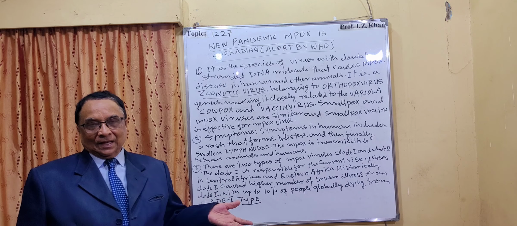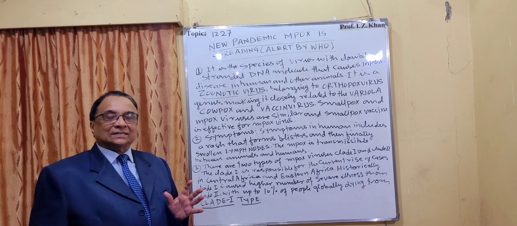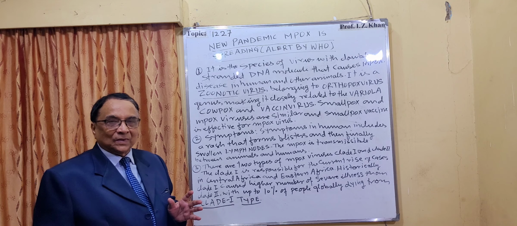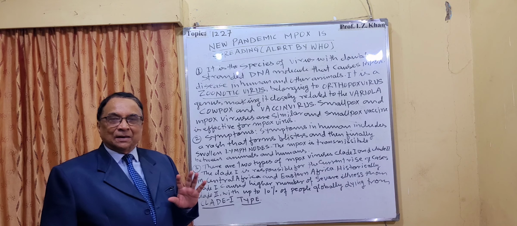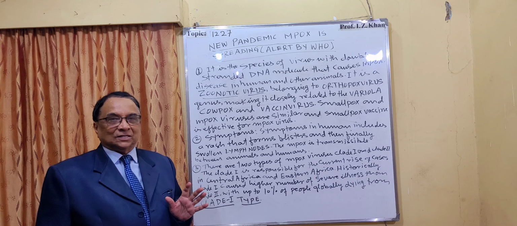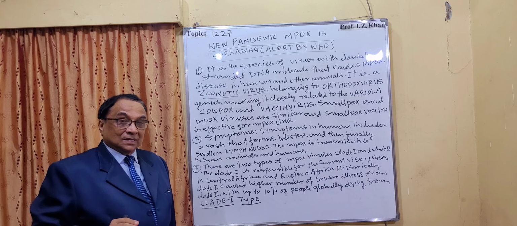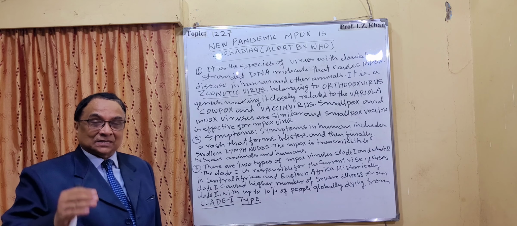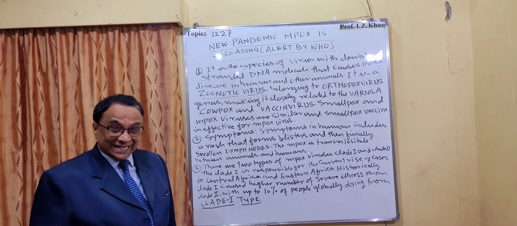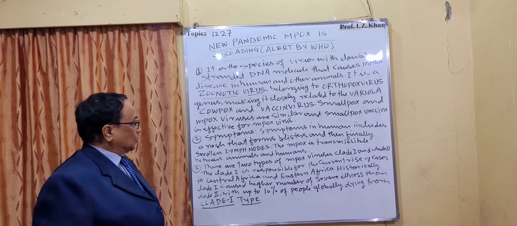So I have already given all the explanation. Number 2, symptoms. In the case of someone infected, for 1 week it is symptomless. He or she will not get any symptom. The symptoms will start in the 2nd week, and in humans they include a rash that forms blisters. I have already demonstrated those images of lymph nodes, blisters, pus, and all those chronic conditions in the photos.